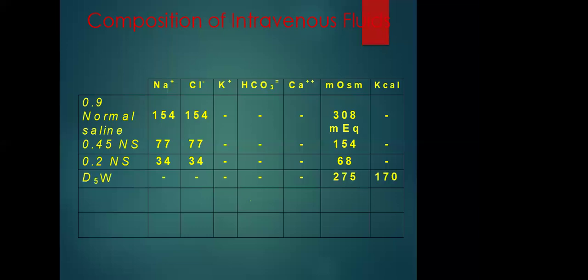When we proceed further, we don't have anything lower than that other than D5W, which does not have any sodium, chloride or potassium, but it has 5 grams of dextrose per deciliter, which usually accounts for this 275 osmolarity.